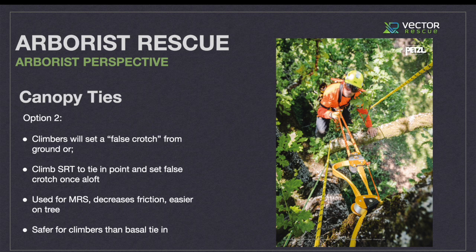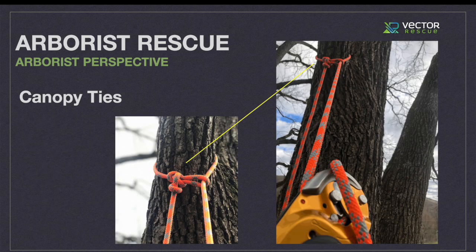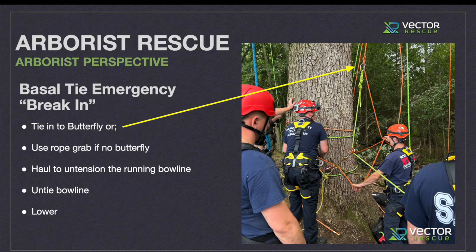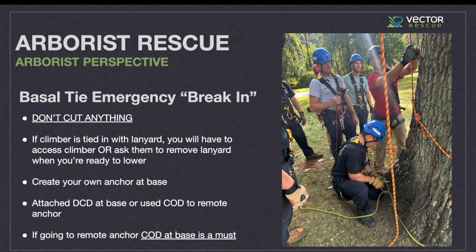One of the more common arborist accidents that you have to think about is this: when you're using a basal tie, if we go back a couple pictures, that arborist system, if this is the termination side that the rescuer in red is holding on to, the climber is on the opposite side of the tree and doesn't really have good eyes on that rope.